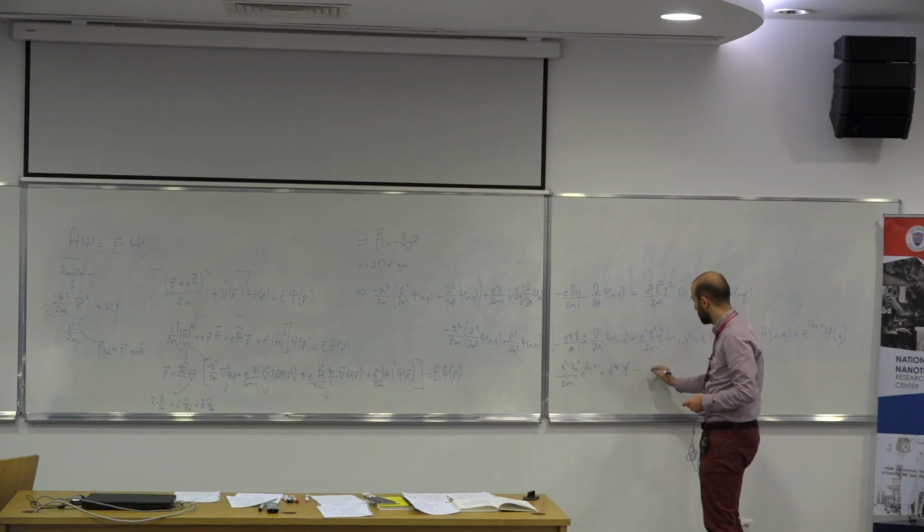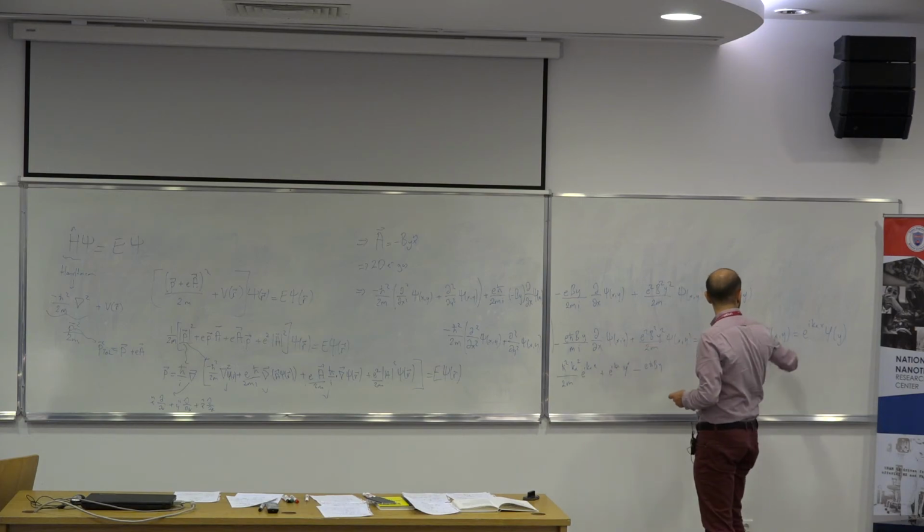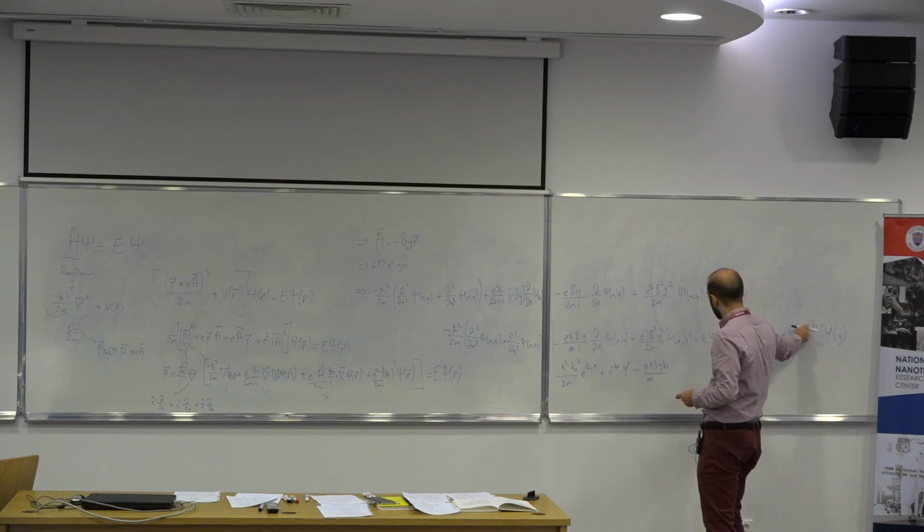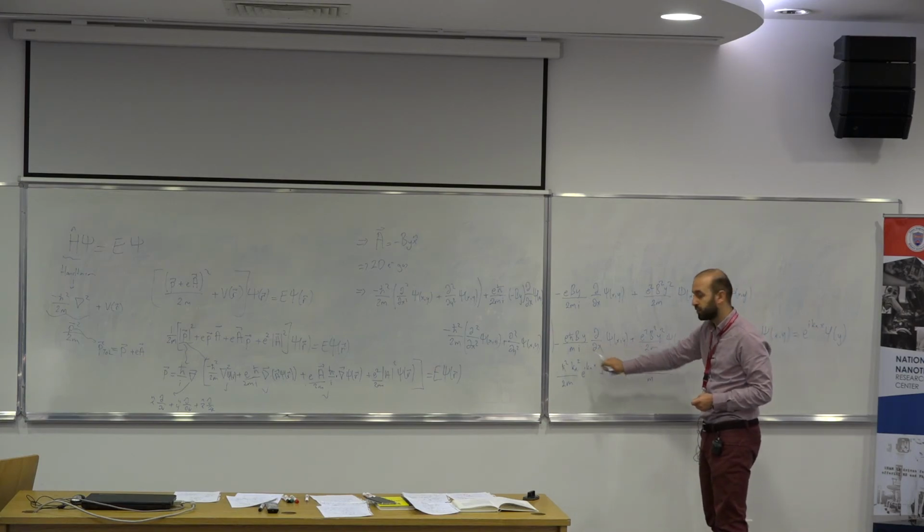Then minus i h bar B y, first derivative with respect to x, I will have a kx coming from here and an i coming from here, which will cancel out with this one.